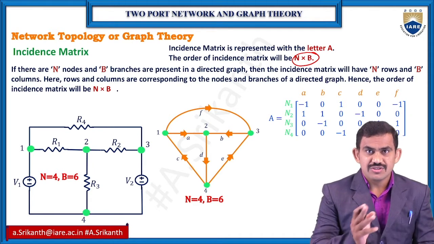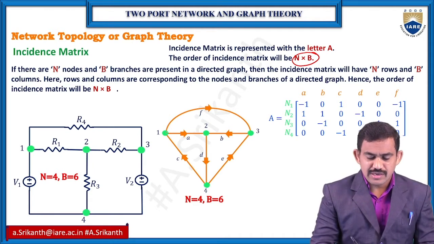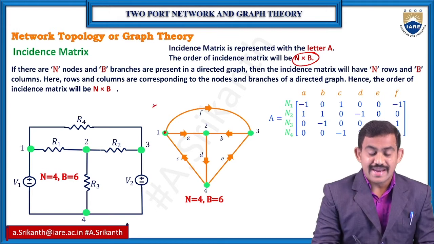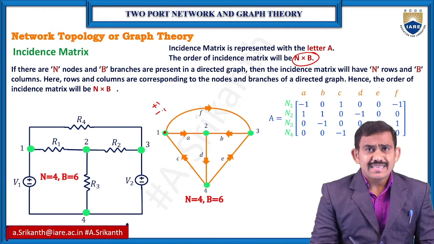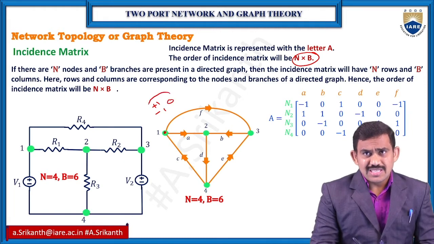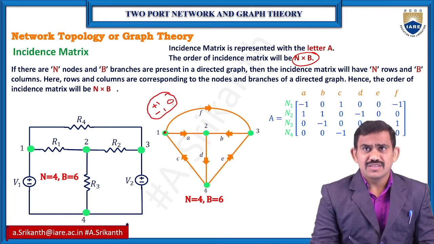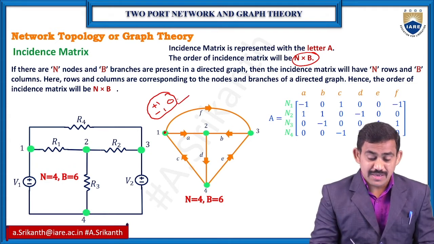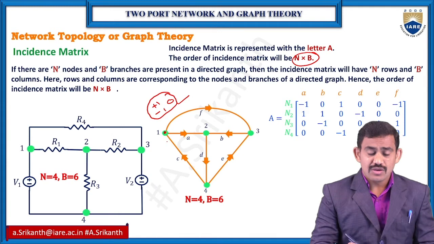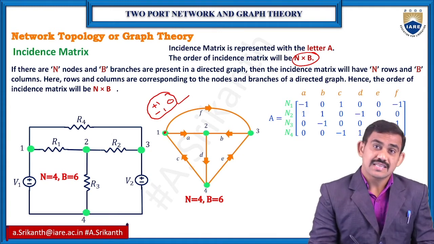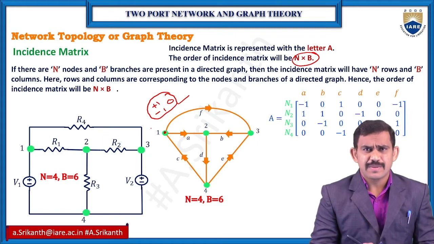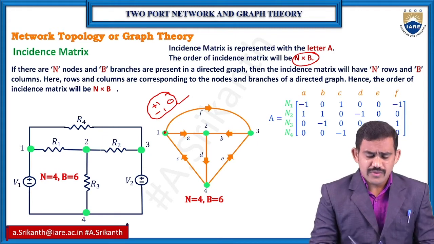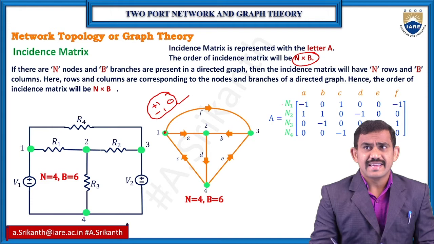At a particular node, incoming currents are positive, outgoing currents are negative, and not connected branches are 0. So using these 3 items, plus 1, minus 1 and 0, we go for one matrix, that is the A matrix, depending upon the number of nodes and branches. Okay, so from those 3 conditions, we can get the A matrix.